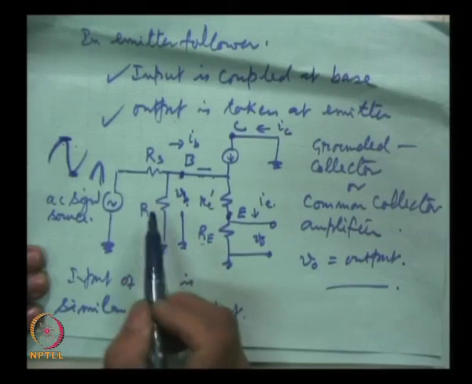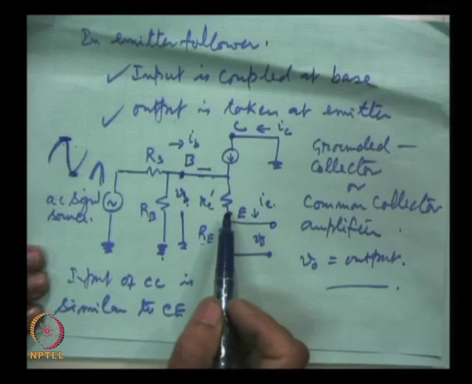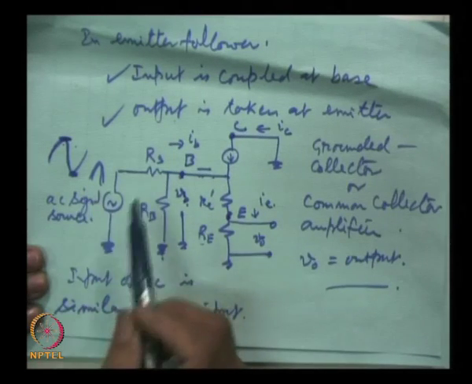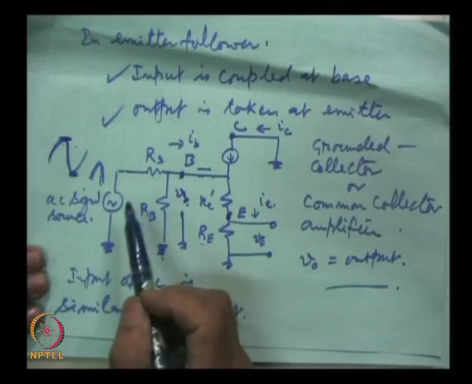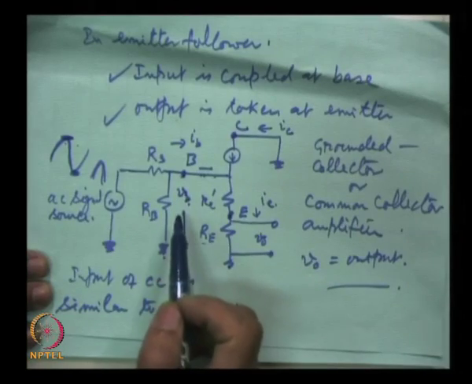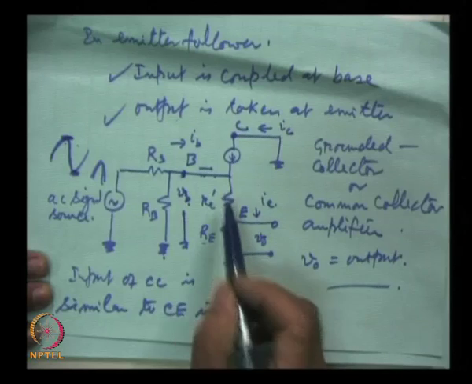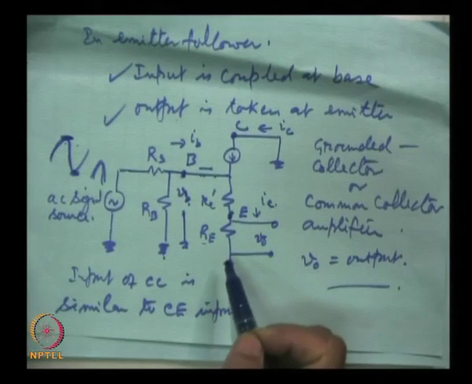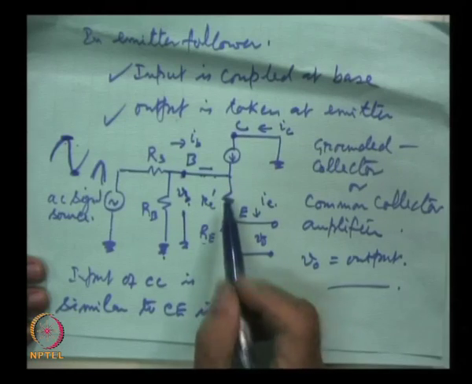So, the circuit between base and emitter is the same as in the case of common emitter, and you will recall that I explained it also very clearly, that the input impedance looked into the base of this circuit is beta times the total impedance as seen by the emitter lead.